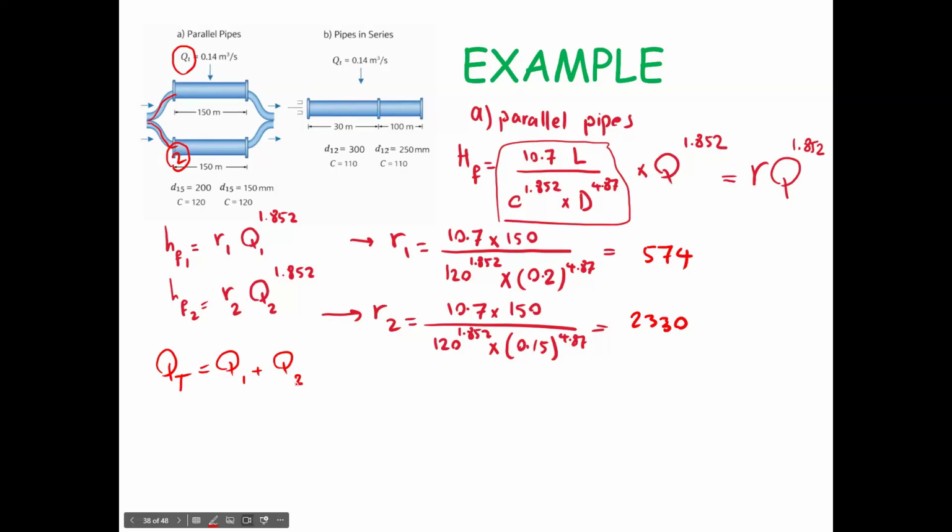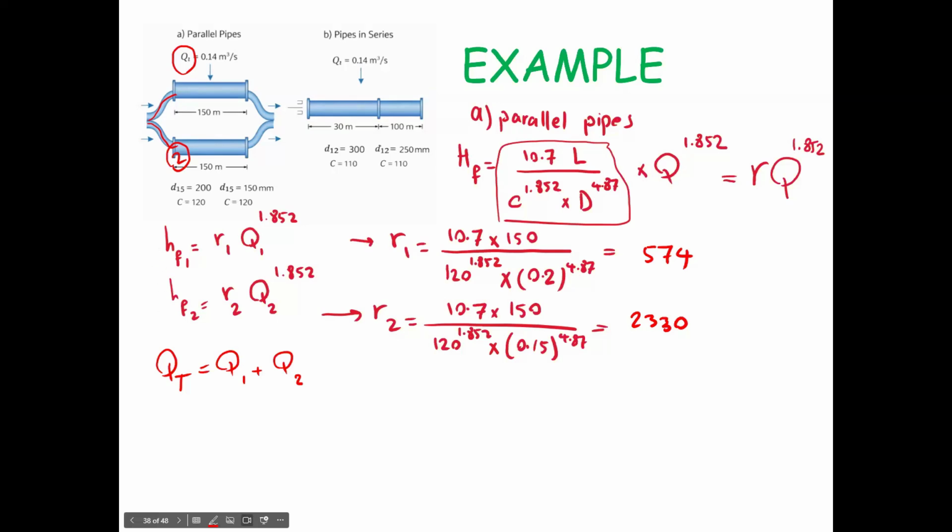Without this equation, you cannot solve it. So again, remember, for parallel, HFs are equal and Qs are the sum. For series, vice versa: Qs are the same, and HF is the sum of all the losses.